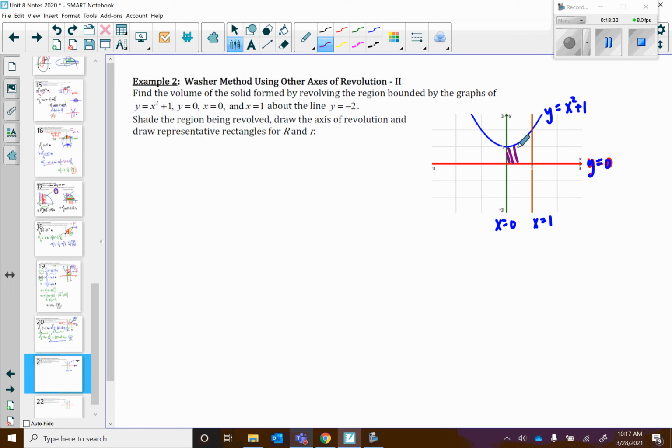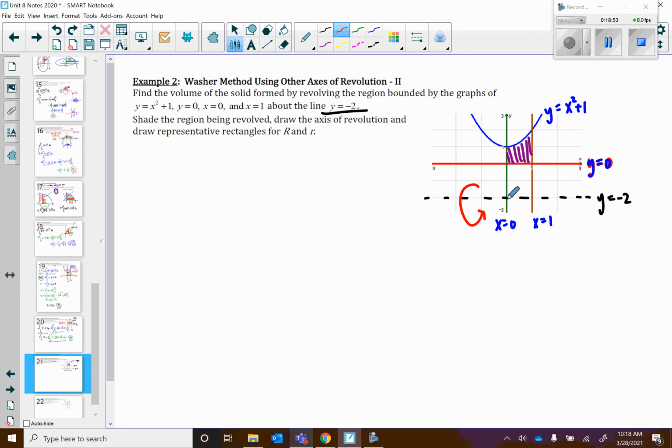And here's our region. In this problem, they say, let's rotate it about the line y equals negative 2. So y equals negative 2 is all the way down here. We are rotating this around.